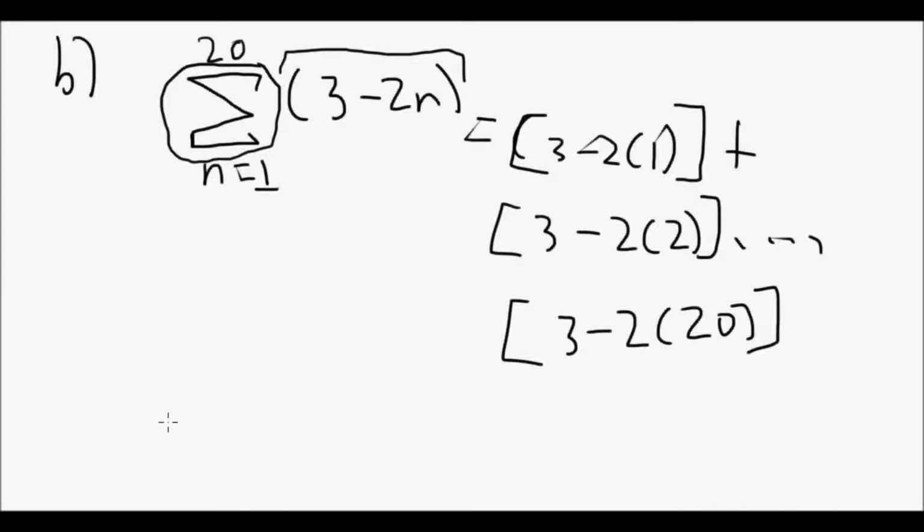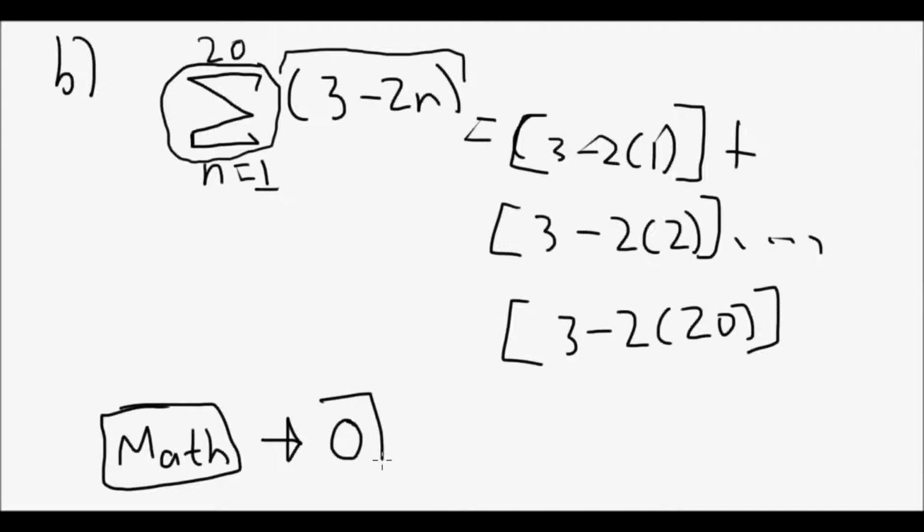On a graphing calculator, usually a TI, you'll have a math button on your left. So you want to press math, and then after that press 0. This will enter a summation formula into your graphing calculator.